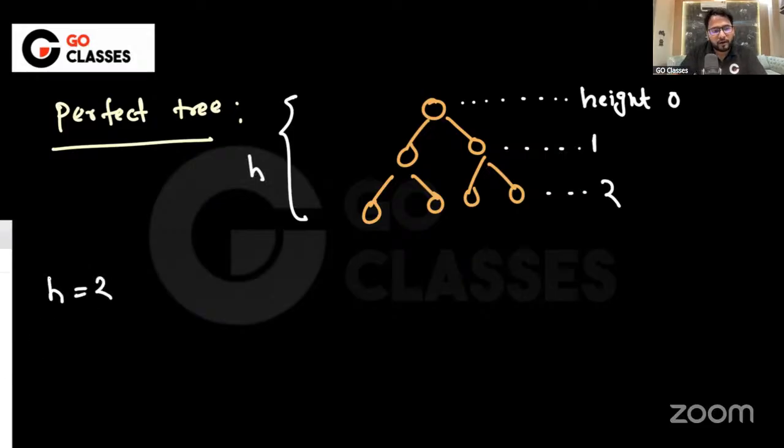Now you tell me how many total nodes are there if the height is h. First you tell me the number of leaf nodes for height h.